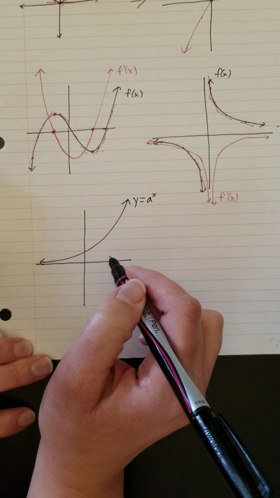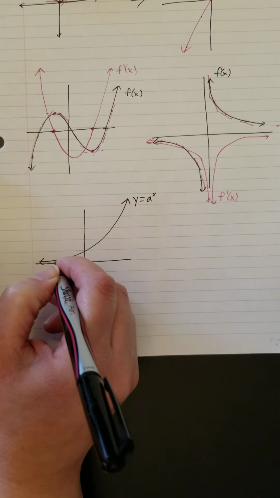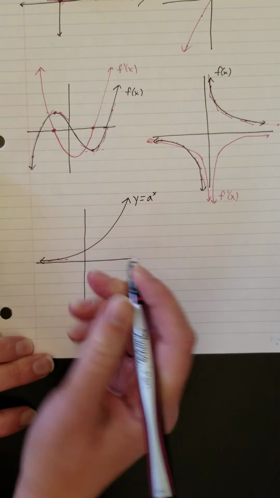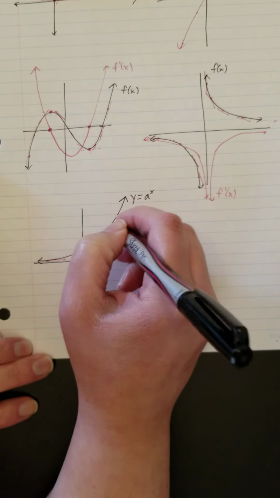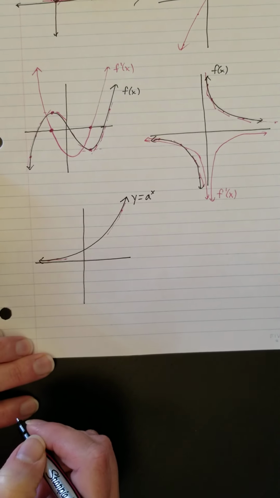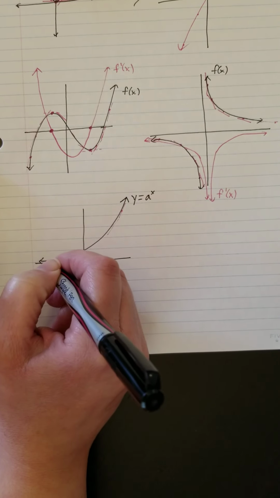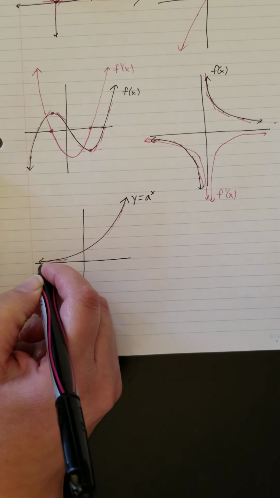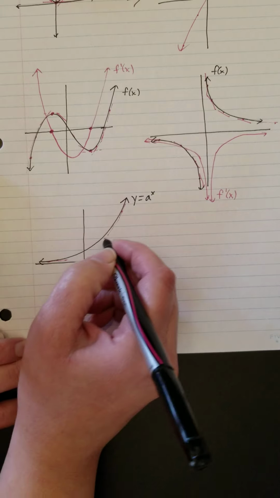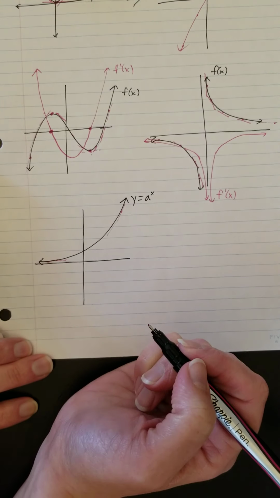If we take a little bit more of a look at it, the slope of the tangent is very small positives on the left-hand side, and it's gradually increasing to get bigger and bigger positives. So the slope of the function is always positive. It starts out low in the negative x values and increases in the positive x values.